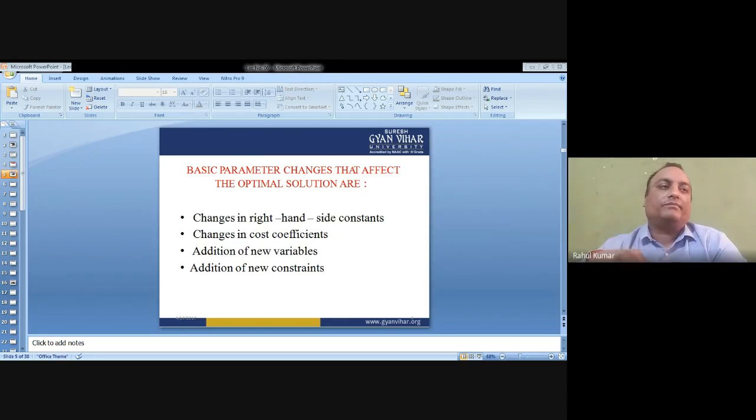Some changes affect the variables of the problem and some changes affect the constraints also, right? So this is the parameter which is used to solve sensitivity analysis problems.